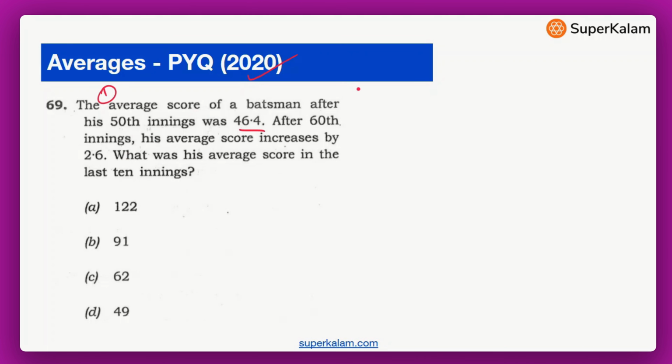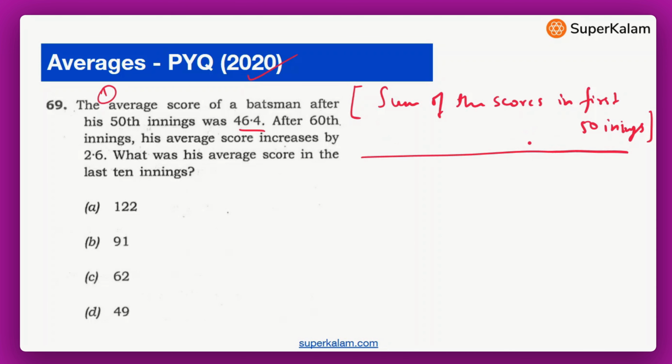This says that if we add the sum of the scores in the first 50 innings and divide it by the count, how many innings are there in the first 50 innings? Of course there are 50 innings. Then this will be equal to 46.4.